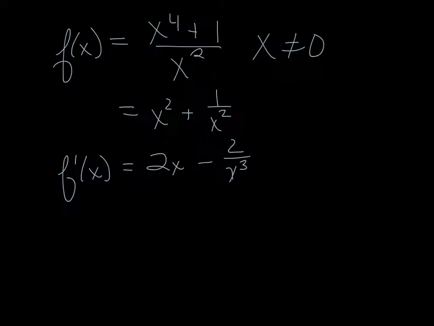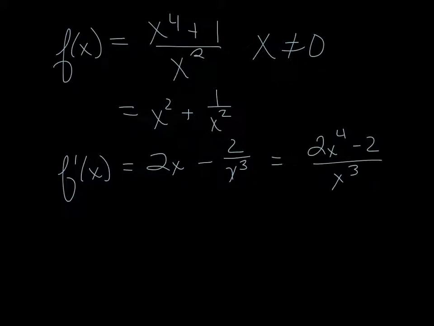And if you wanted to, you could put it all together, get a common denominator. I'm going to have to multiply the top. This is going to be 2x to the 4th minus 2 over x cubed. There's my derivative. You can get that as well from the quotient rule.